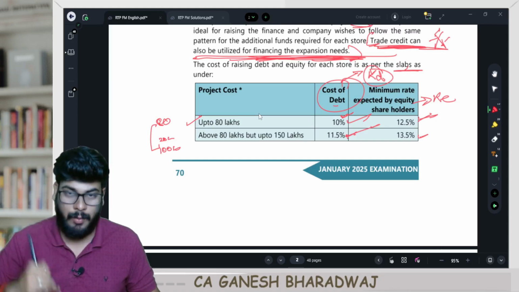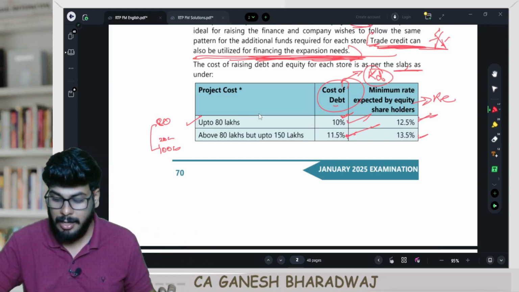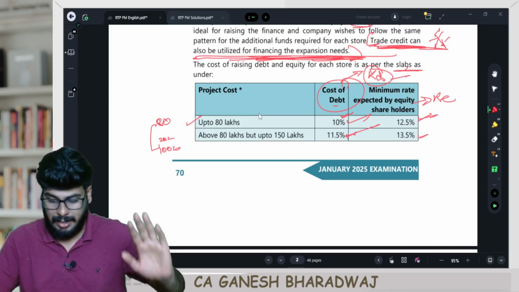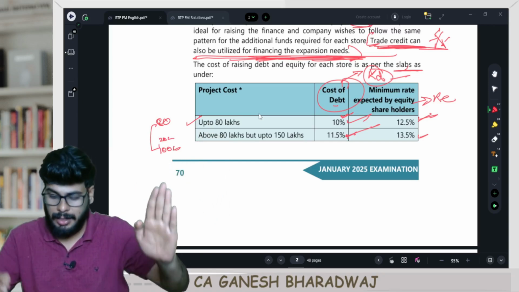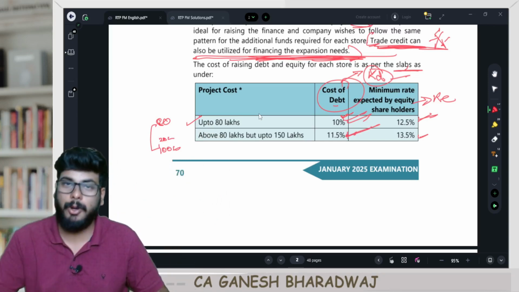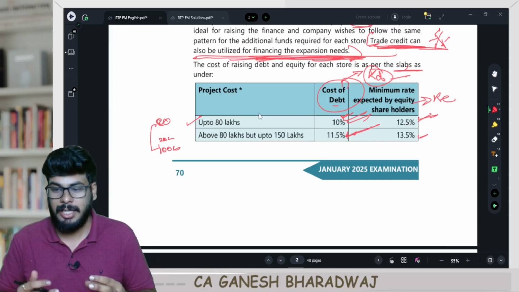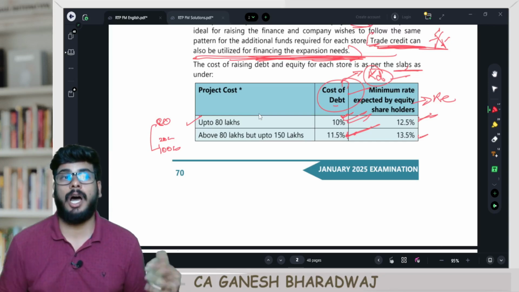However, in this question, the institute is taking an assumption. They have not mentioned it clearly, but they have assumed that this is ideally an interest rate before taxes. So from this 10%, adjust with 1 minus T. From this 11.5, do 1 minus T. In other words, they are expecting you to do the tax adjustment over and above this. Sir, how will I know?